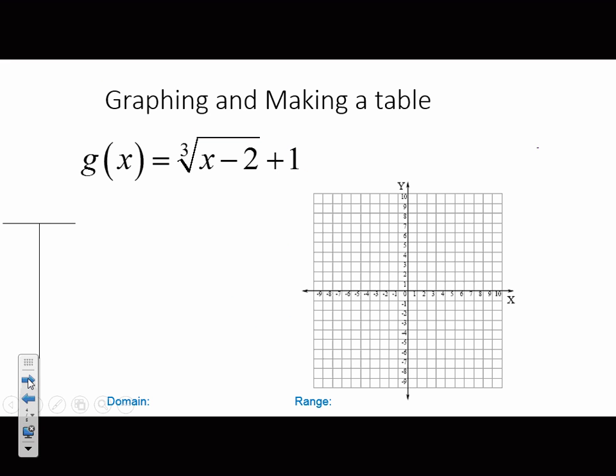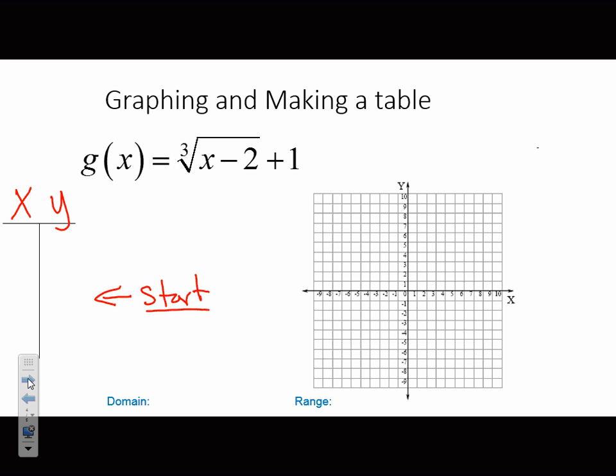Alright, ladies and gentlemen, now we're going to make our table and graph this cube root function. Now, when we're starting like this, our x and our y, if you notice from our parent function, the center one was where it met, and then they went in opposite directions. So when we're working with this, we are going to start in the middle. Our starting point is going to be in the middle.